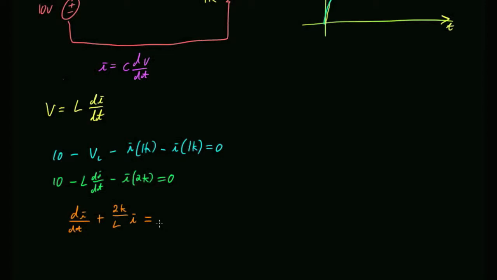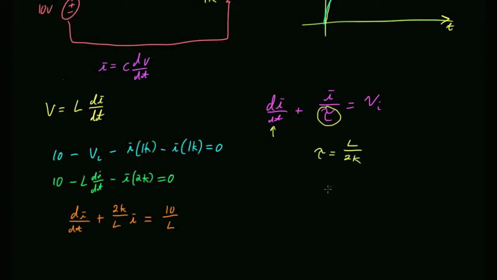How do we interpret a differential equation like that to find the time constant? Remember, first order differential equations are always written as first derivative plus variable over tau. So in this case, your time constant has to be L over 2K.